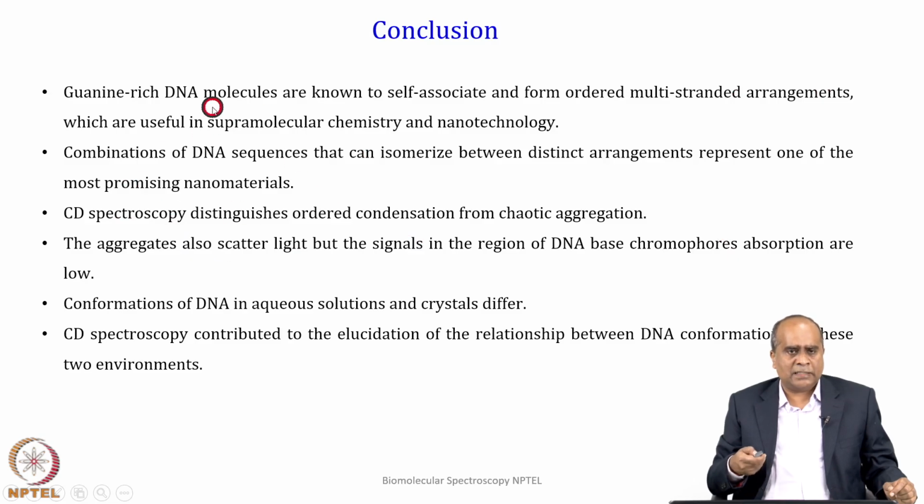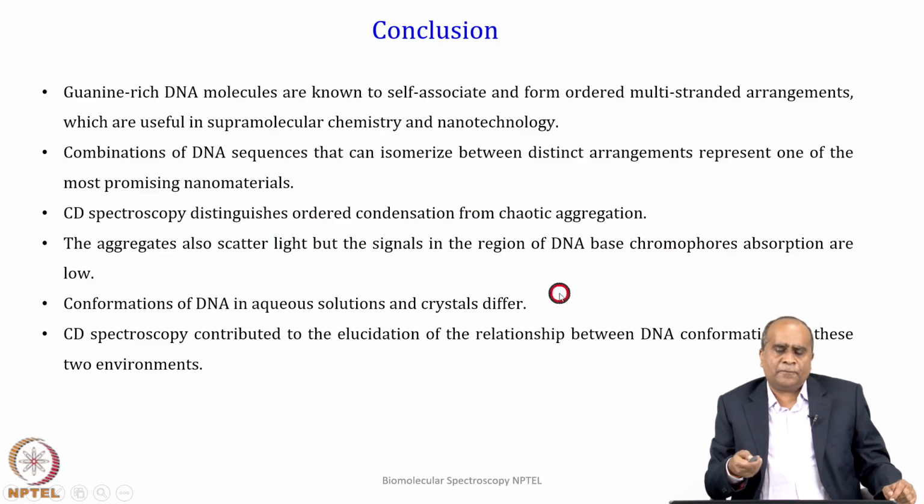Now, this DNA is used as a nanotechnology material, and once you make it you need to characterize it, and here is CD. CD can distinguish ordered condensation from chaotic aggregation, whether we have formed a distinct structure or not. CD comes to the rescue. It gives you a characteristic signal if it has formed.